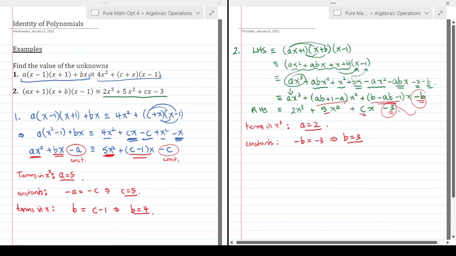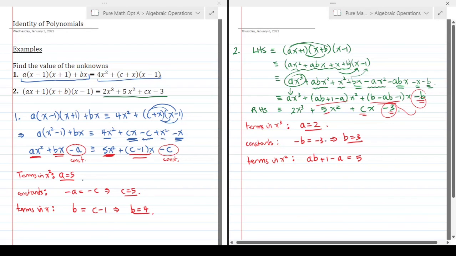Now I could go to probably my x squared term. So let me look at the terms in x squared on both sides. The coefficient on the left hand side is ab plus 1 minus a, and on the right hand side it's just 5. That doesn't really help me with anything, to tell you the truth, but this is basically like a check.